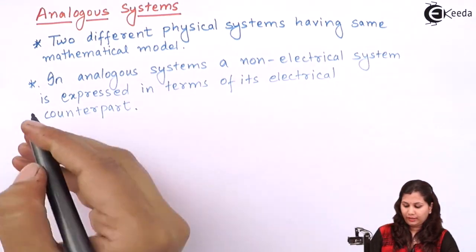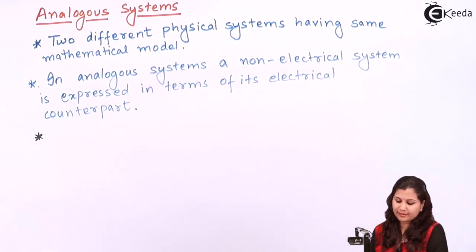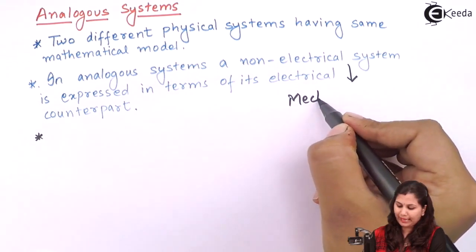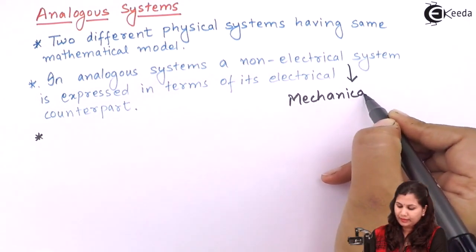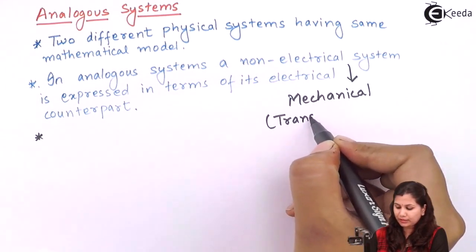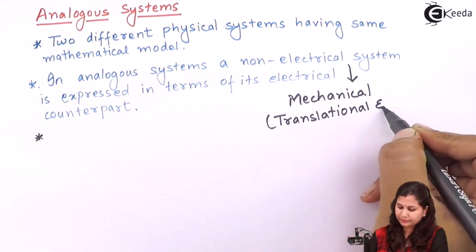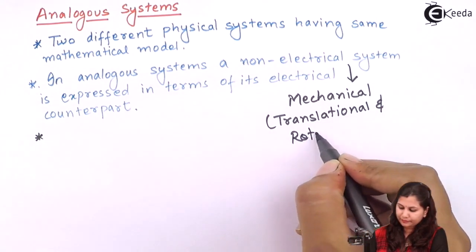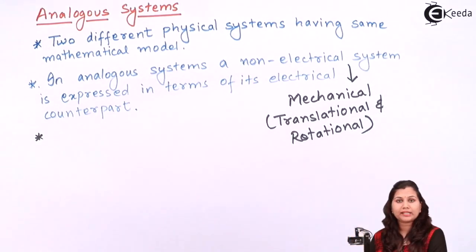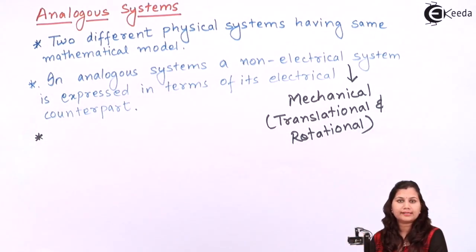So, here in analogous systems, we will represent a non-electrical system. Non-electrical system will be a mechanical system. As we know, mechanical systems are of two types, translational and rotational. So we will represent the mechanical systems in terms of an electrical system.